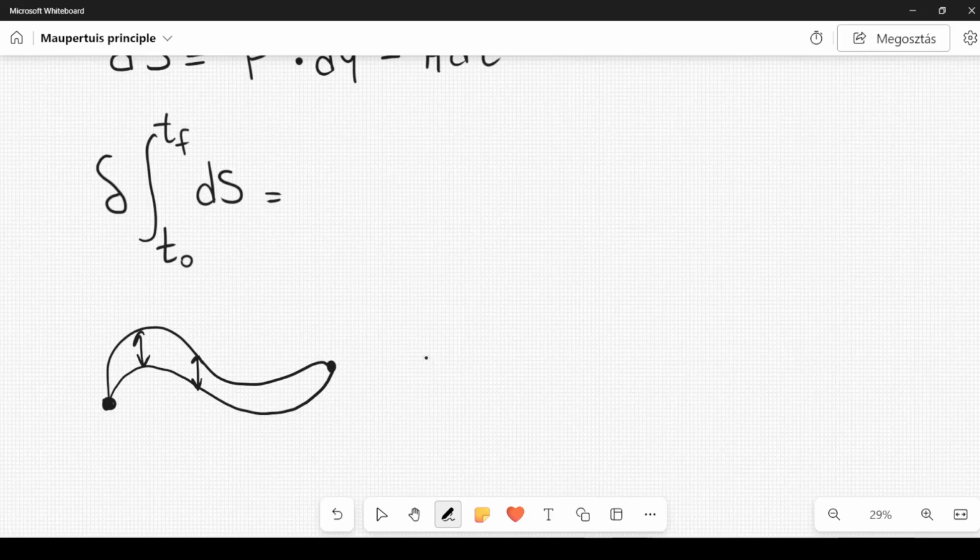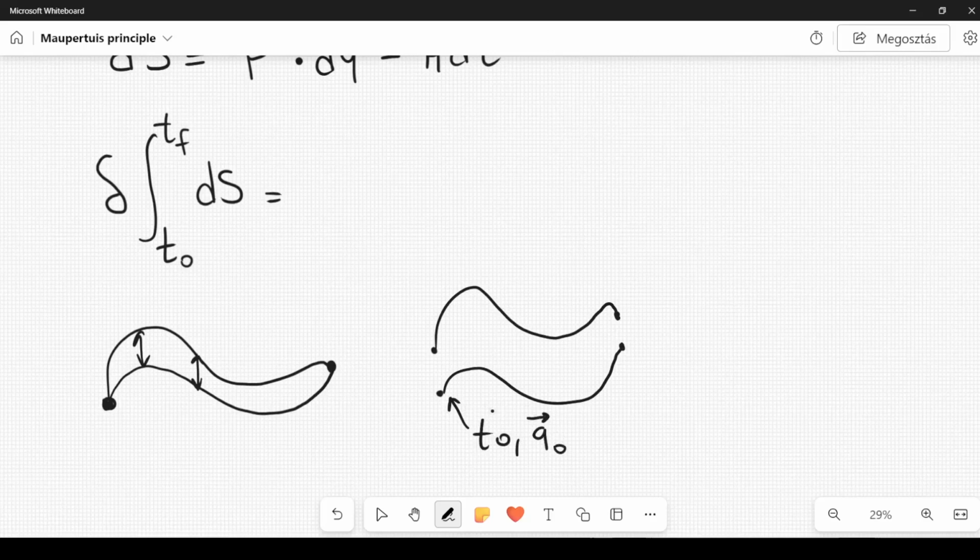But we can be more general than this and consider moving endpoints or variable endpoints. So not only do we vary the path, but also the two endpoints might vary. For example, this would be t0, q0, so at time t0 the displacement is q0, whereas in here we have t0 plus some small variation, delta t0, and then we have q0 plus delta q0.